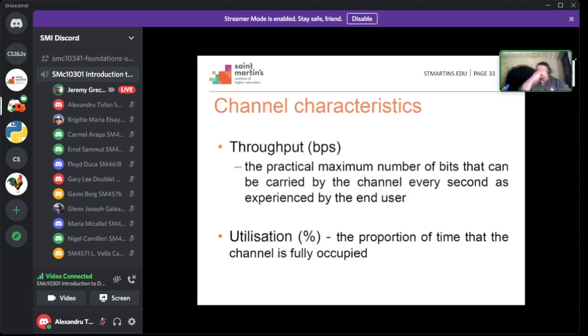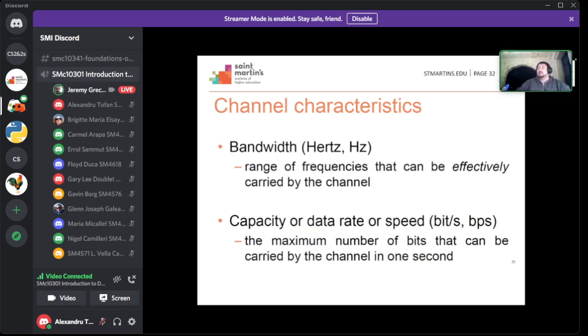So if you had to contact your ISP, to give you an example, they would usually tell you what your maximum data rate is going to be in terms of bits per second.